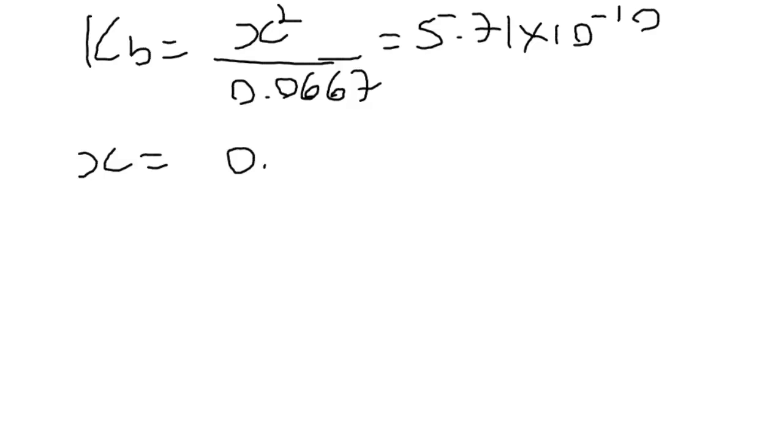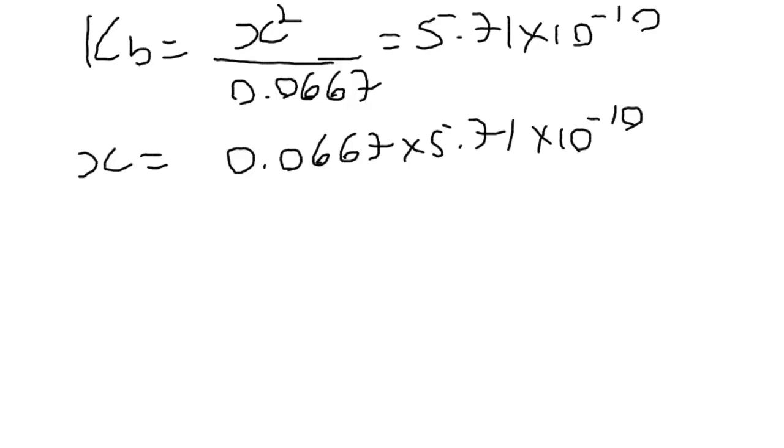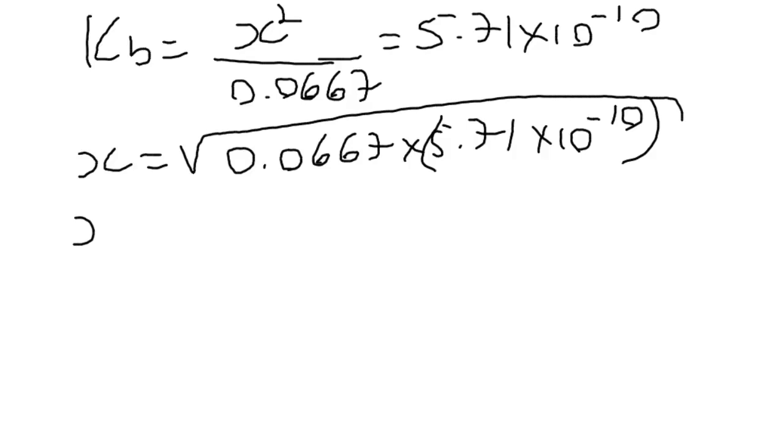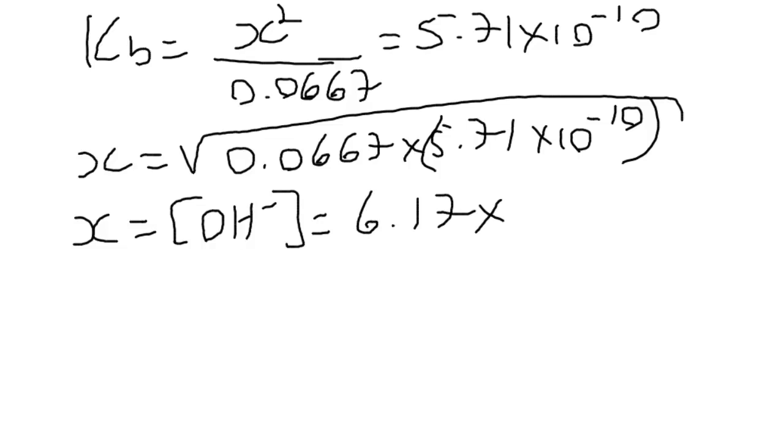It's going to be 0.0667 times 5.71 times 10 to the minus 10, and we square root the whole thing to find x. And remember in this case, if we look at that ICE table, x is the hydroxide concentration. So what we're solving for here is hydroxide. And that ends up being 6.17 times 10 to the minus 6 molar.